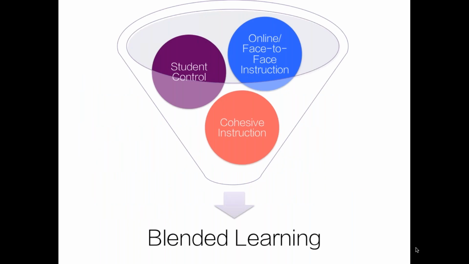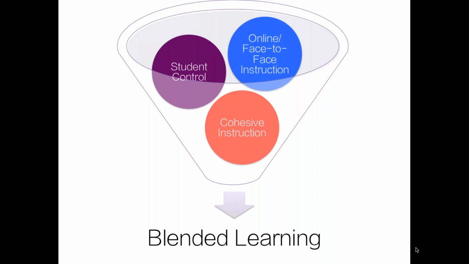To start with, let's discuss what blended learning is. There can be a lot of confusion as to what the definition is because of so many educational terms and approaches out there. The definition can get easily misunderstood. According to blendedlearning.org, blended learning is actually made up of three parts.